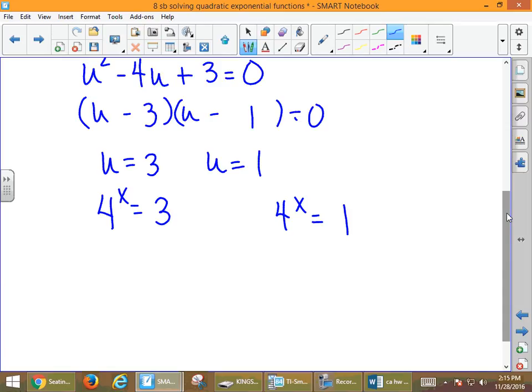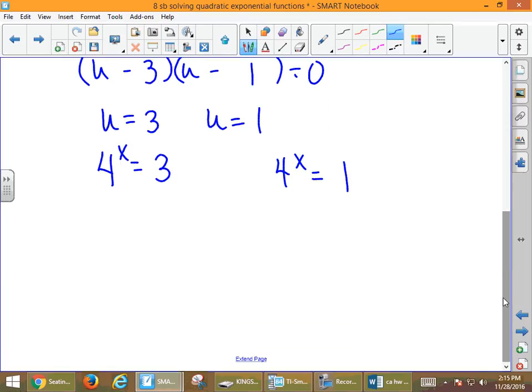And now we can solve. We can use our common logarithm. We can use our natural logarithm. It doesn't make any difference. We get log of 4 to the x equals log of 3. Our power rule says that we can take this value of x and write it as a coefficient.